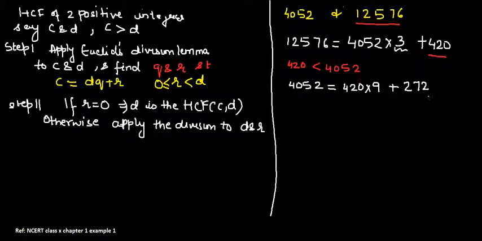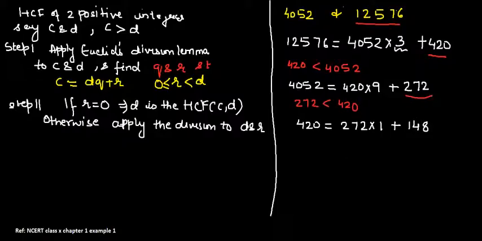Now again we have a remainder here, so we need to reapply the lemma to the following numbers. 272 is less than 420, so we apply the lemma on this. So 420 equals 272 into 1 plus what are we left with? 148.